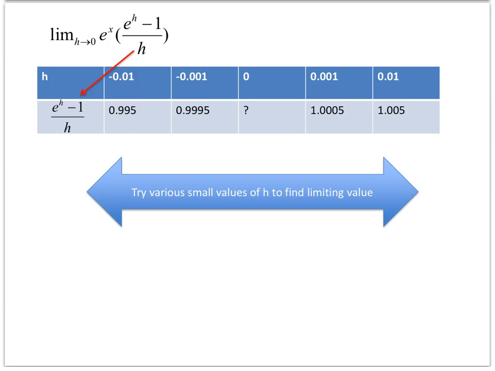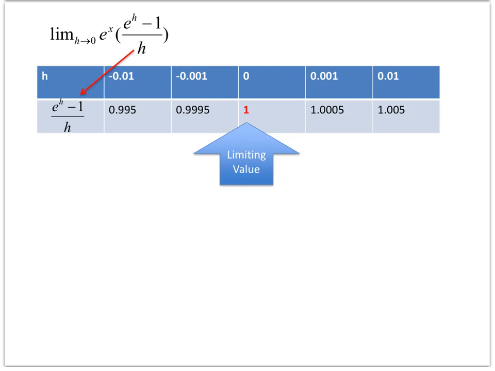All right, so I don't know how to find that limit, meaning that all I know how to do is just plug in some very small values. Notice I'm only interested in this piece. As I'm plugging in really, really small values of h from the left and from the right, the limiting value for this piece is actually going to 1. Okay, so that piece is going to 1.